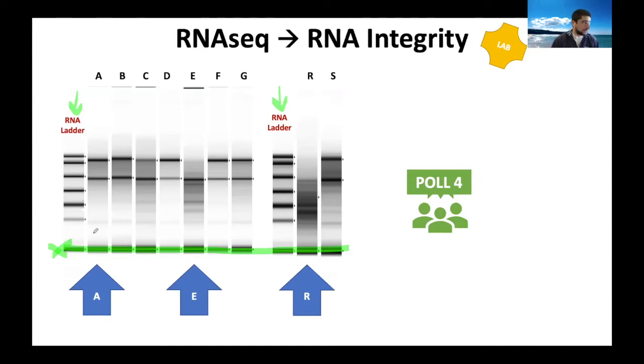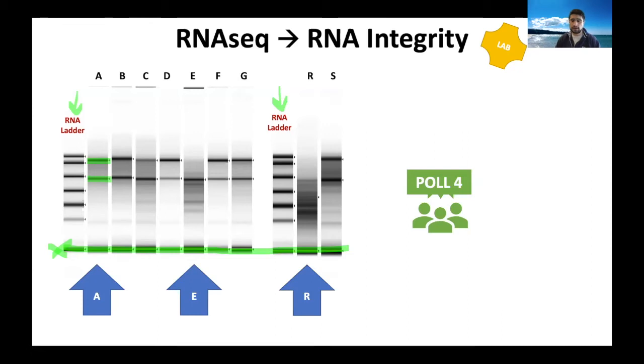Why is that? You see these two peaks. Question: do you know what these two peaks might be? This is total RNA, so I'm loading total RNA. Great, ribosomal RNA. If you remember, ribosomal RNA is the most abundant, and luckily there are very few species of ribosomal RNA.